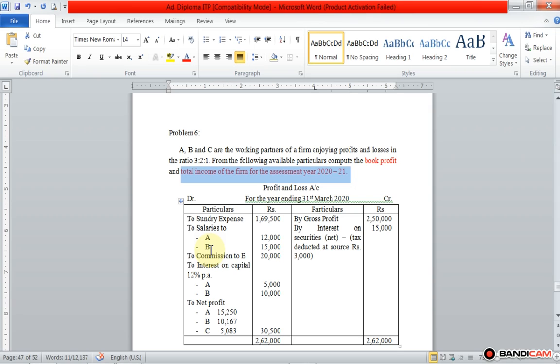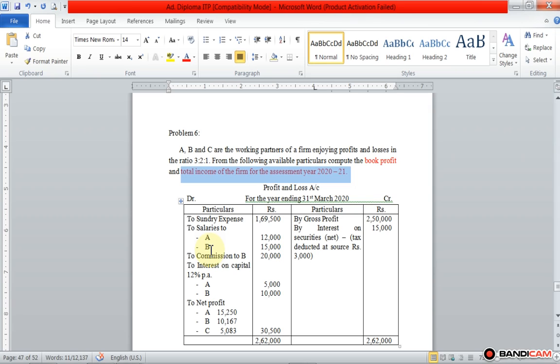Net profit 30,500: A 15,250, B 10,167 and C 5,083.